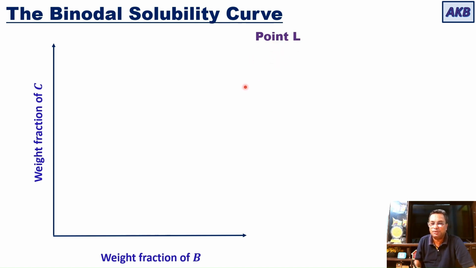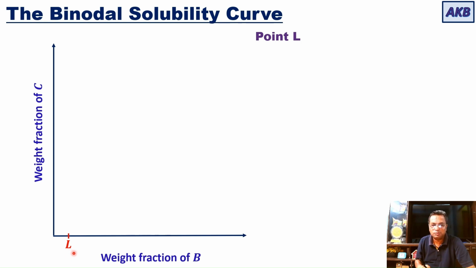I'm calling that point as point L. I have discussed this in my earlier video where I talked about how to represent ternary equilibria on equilateral triangular coordinates. So the discussion over here is similar to that discussion.